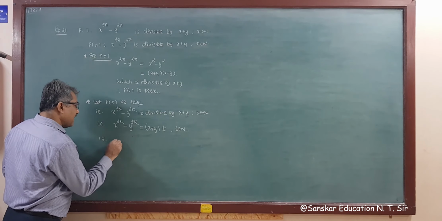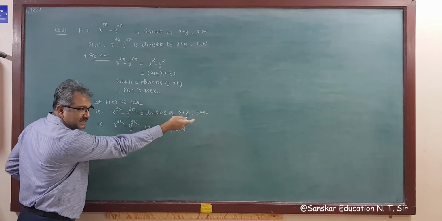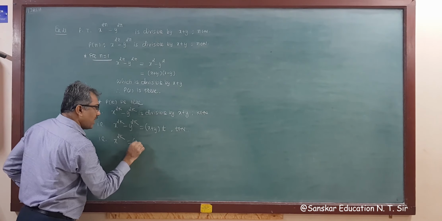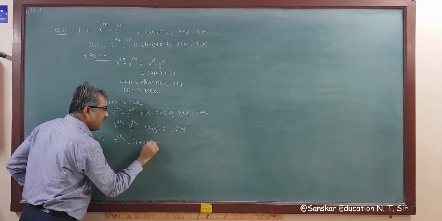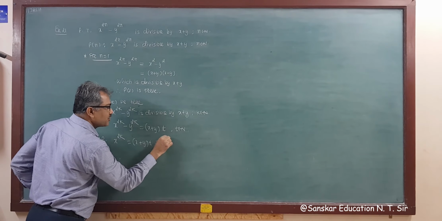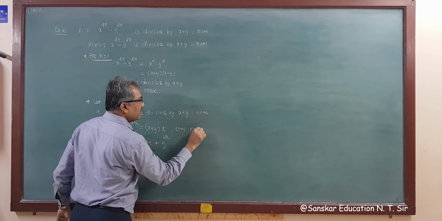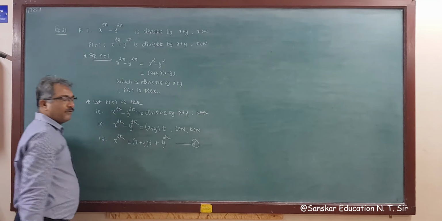So x raised to twice k is equal to, this goes to the right hand side and becomes plus, x plus y into p plus y raised to twice k, right? Here k belongs to N also, and this is your result number 1.